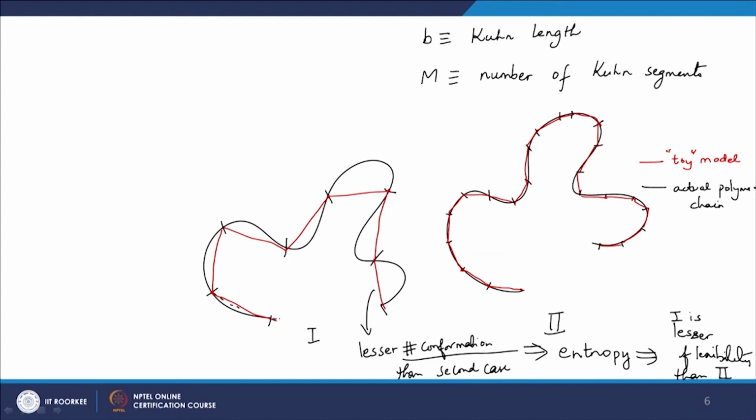I will use a different color here. Let us say this blue line is my toy model in the case where the cone length is taken equal to the contour length, where contour length is the entire length of the polymer chain. This is my contour length.